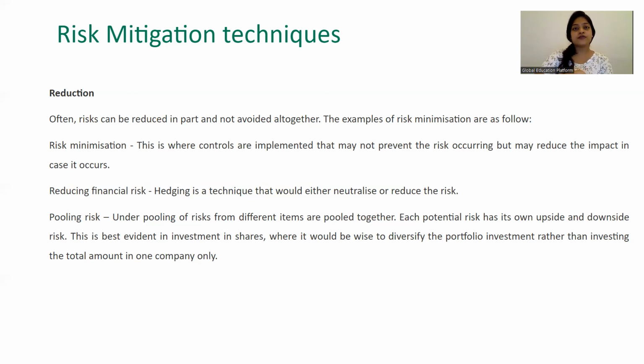So you are not dependent on one sector or one company only. Instead, you invest in different areas. So even if one sector goes down, you still have profits being made in the other sectors. So in that case, your risk is reduced, right? So this is about the pooling of risk.